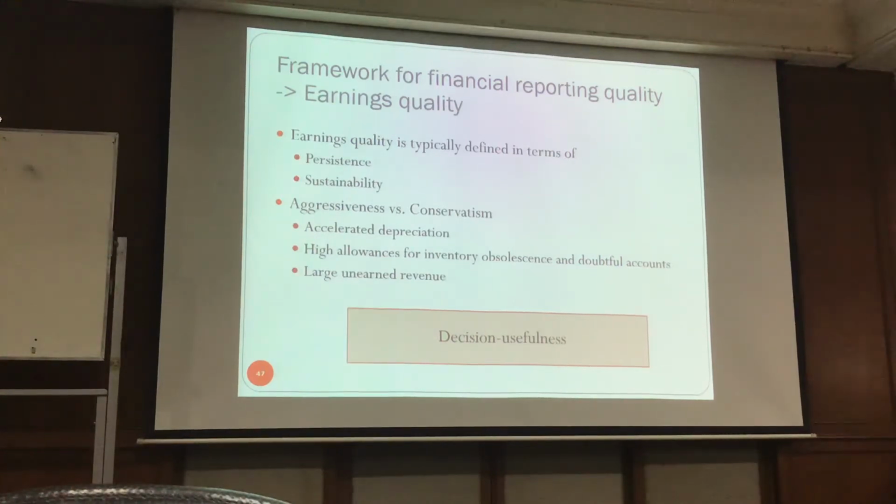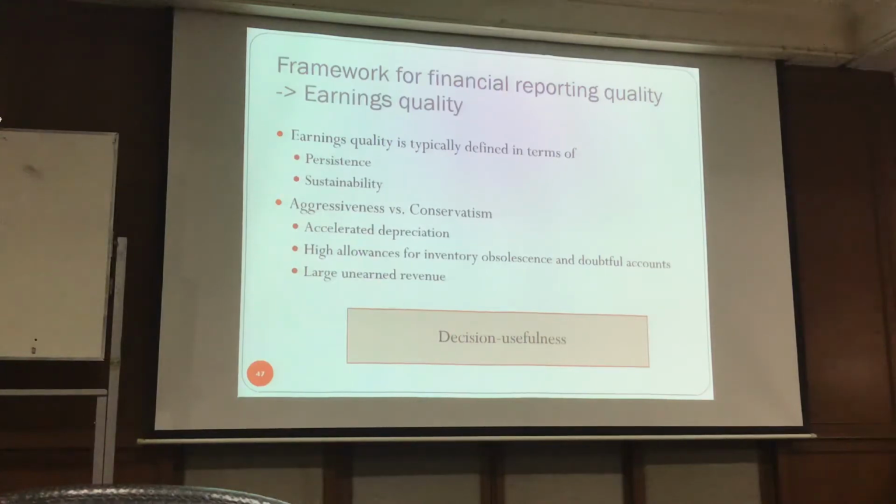When we say earnings quality, what is that supposed to mean? Earnings should be persistent. So earnings today should persist in the future. It happened today, it should happen in the future. That's called earnings persistence. And also sustainability, it should last longer.